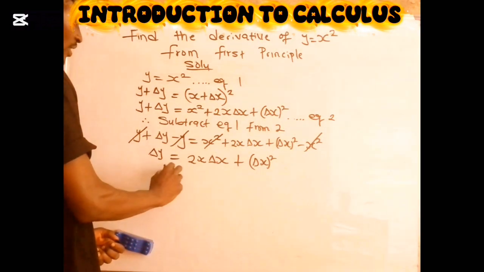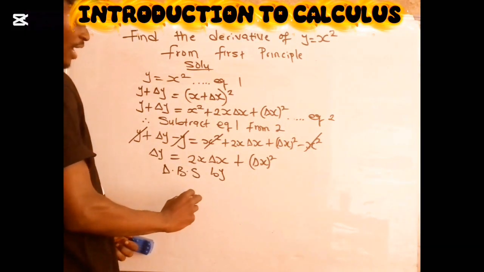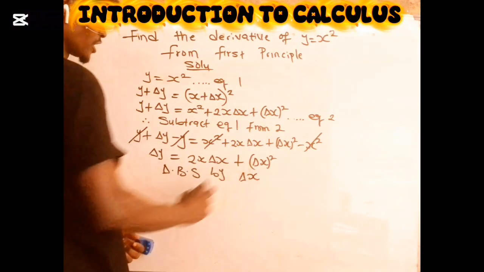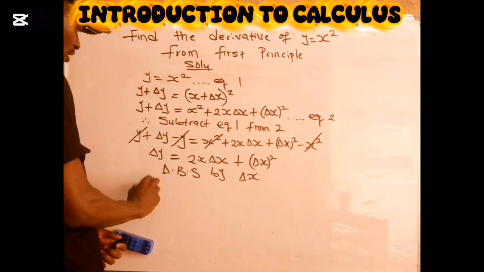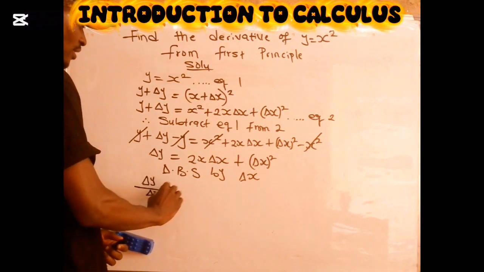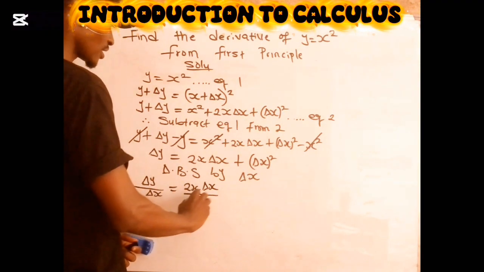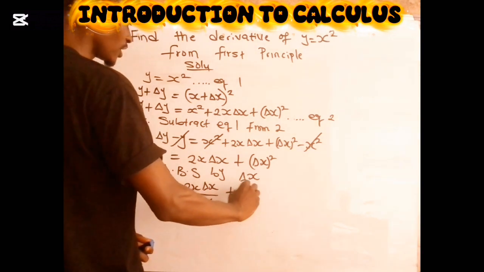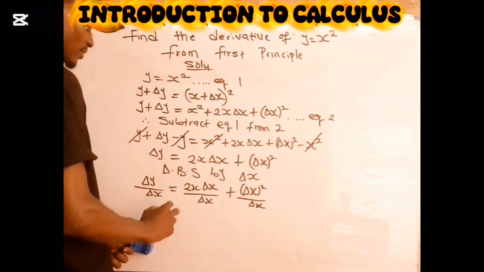Therefore, divide both sides by change in x. That gives change in y over change in x on the left equals 2x change in x over change in x plus (change in x) squared over change in x.